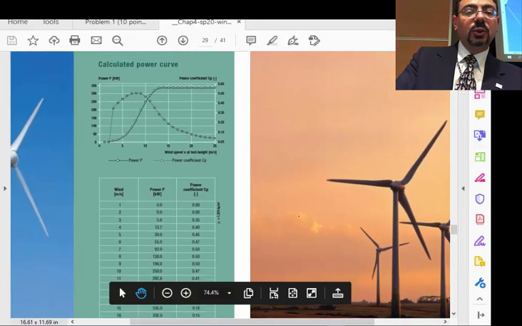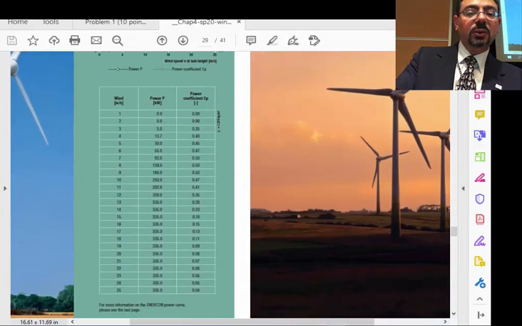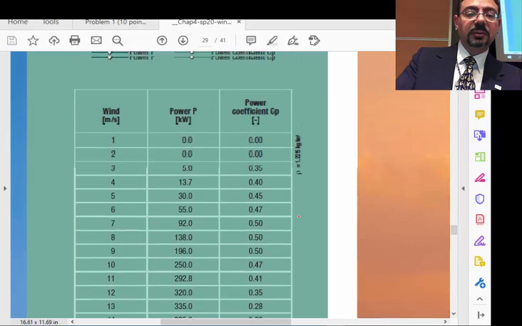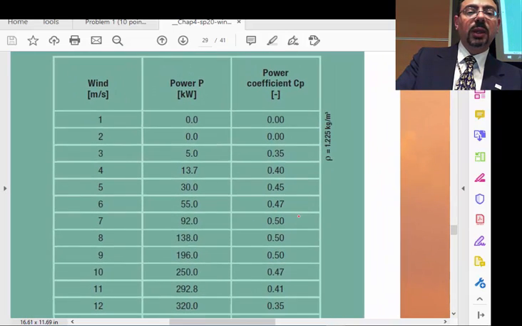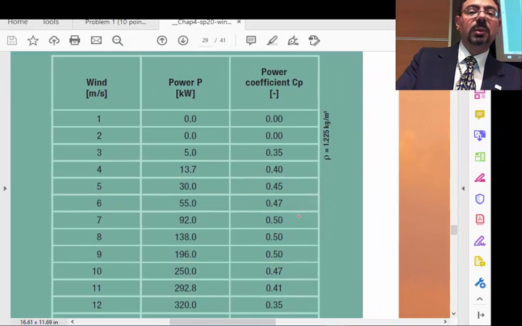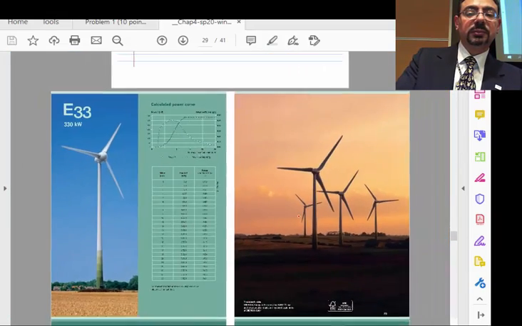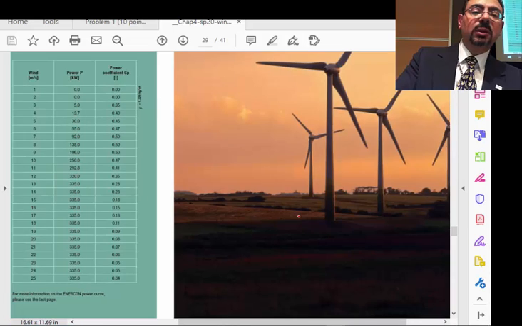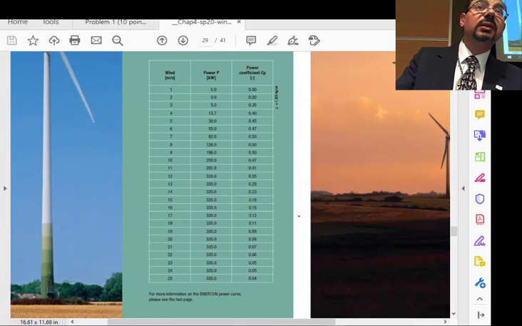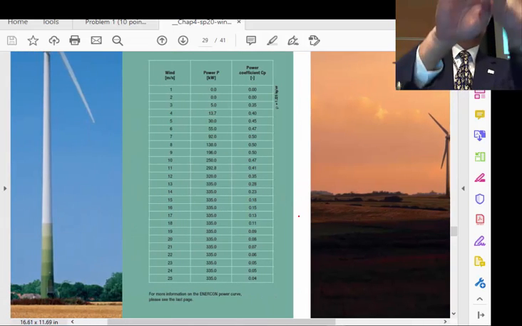Okay? So this graph is also this table. See the wind speed and the power and CP. So you take this table and you put it next to the site data.